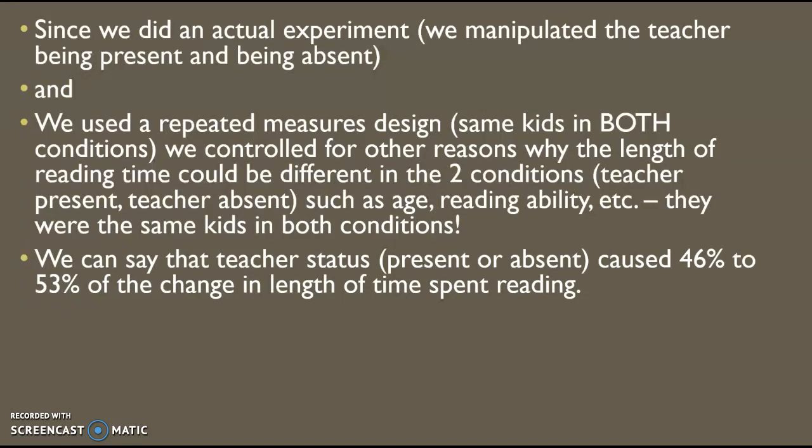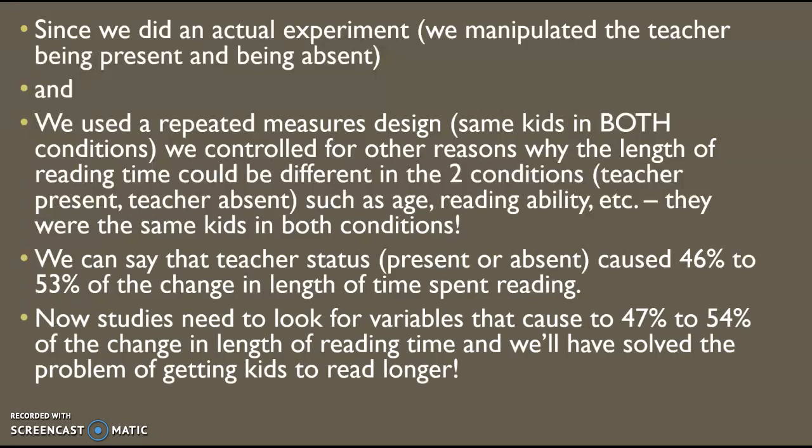So the only difference between the first group and the second group was the teacher's presence or the teacher's absence. So with this proportion of variance accounted for, we have one variable that's accounting for half of the change in reading length. So we just have to look around and see if we can find another variable that explains that much. And we've pretty much got length of time spent reading fully explained.